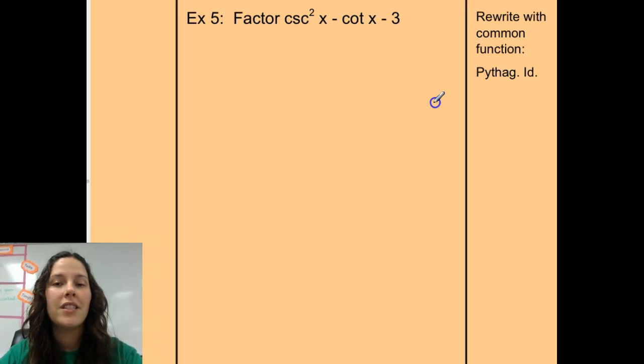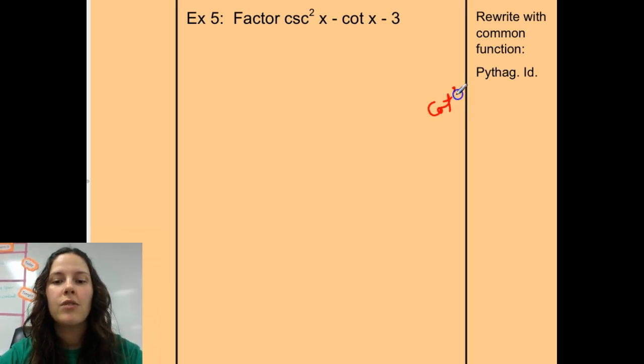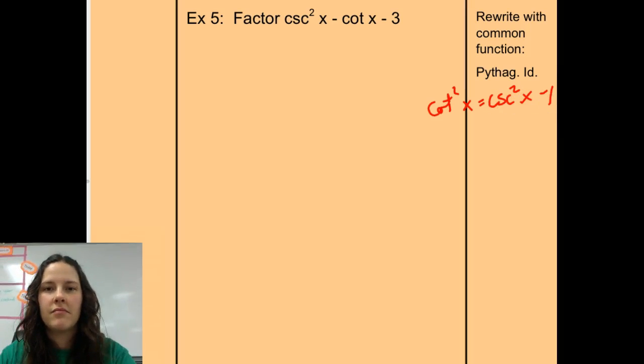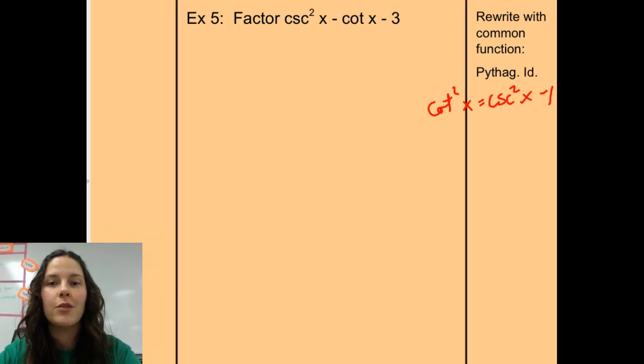Our next one, we have a t-chart factoring, except we don't have the same trig function for all of our pieces. Our first one is a cosecant squared, and the second one is a cotangent. So this is the trig identity, cotangent squared equals cosecant squared minus 1. Since we don't have the cotangent squared, we're going to have to replace cosecant squared.